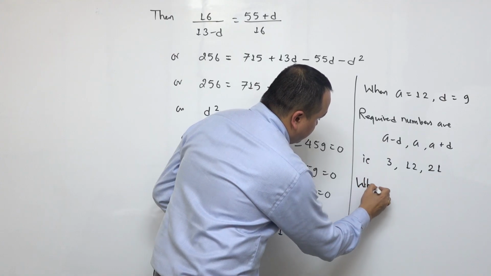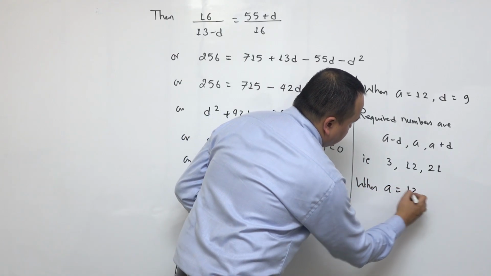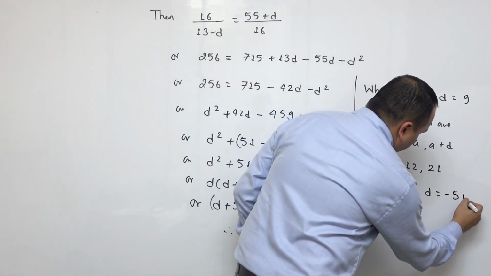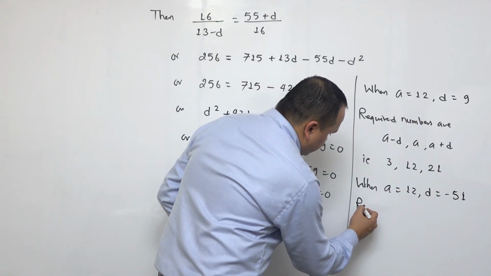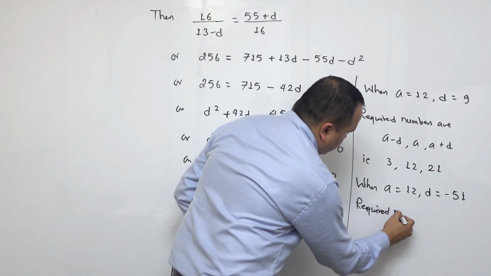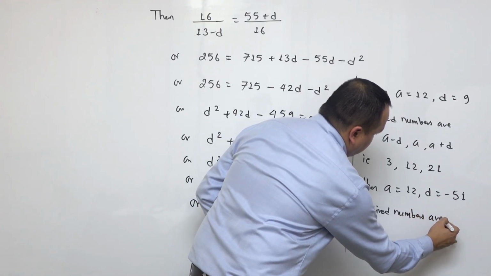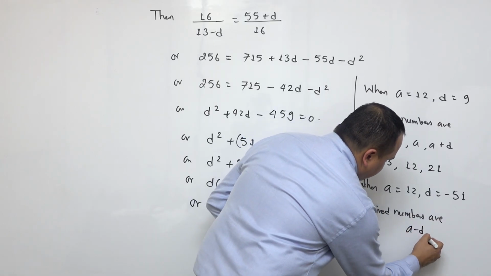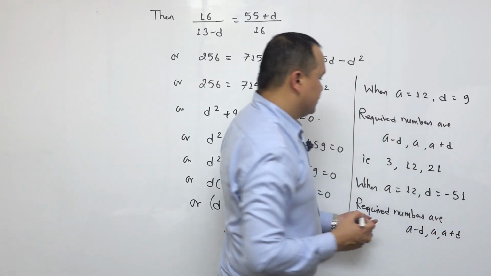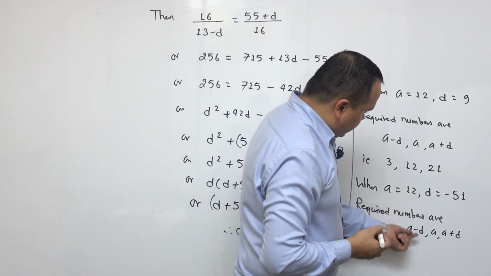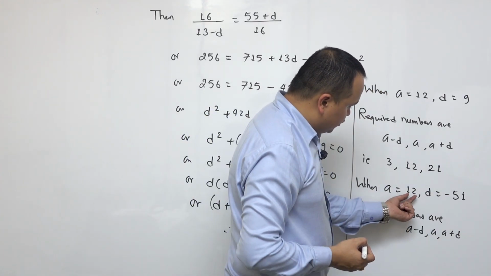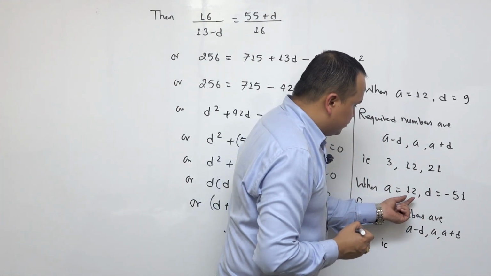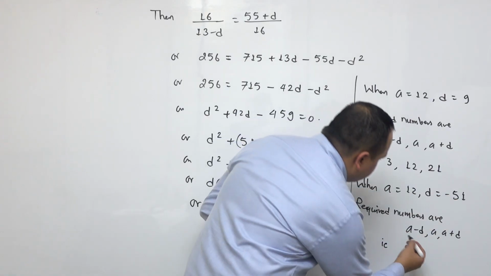When A is 12 and D is minus 51, required numbers are similarly A minus D, A, A plus D. We have A is 12, D is minus 51. 12 minus minus 51, that is plus, so that is 12 plus 51, 63.